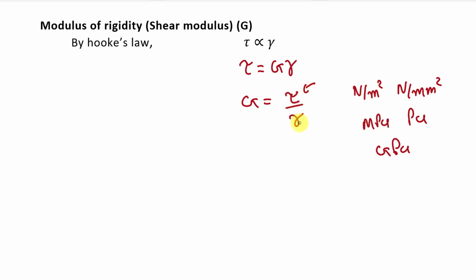We know that shear strain is unitless, so these units are going to be the units of G, means these are the units of modulus of rigidity or shear modulus. And generally the value of G will be given in megapascal and gigapascal. And we also know how to convert these units, that we have discussed earlier, right?